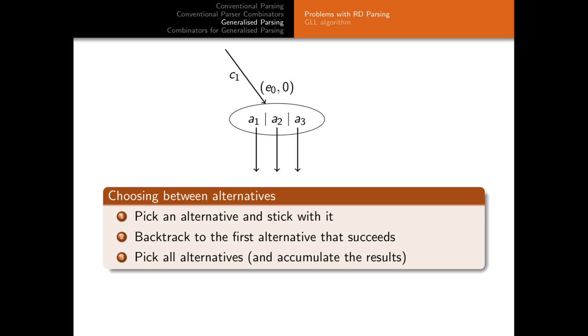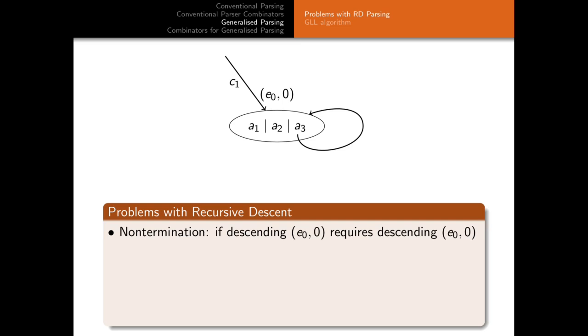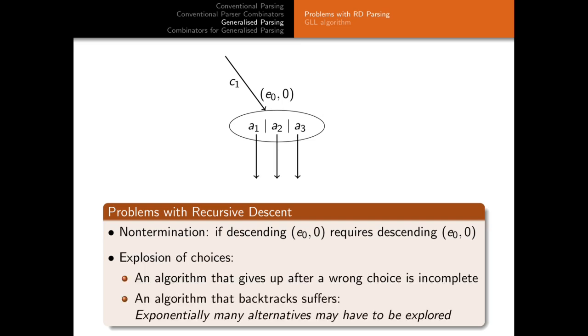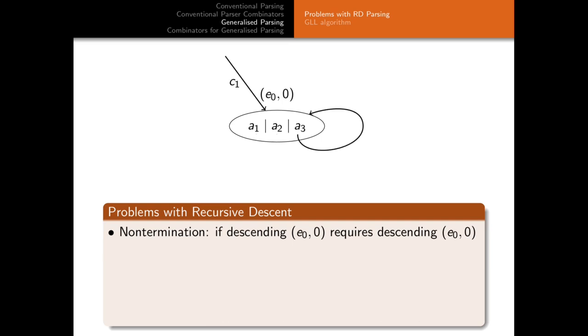Now, if one of these alternatives immediately requires a call to E0,0, so apply the parse function E0 to 0, then we get a loop in this diagram. That previous problem occurs for all 3 strategies for dealing with choices. Even if we pick just an alternative and stick with it, we may still end up picking the left recursive case.